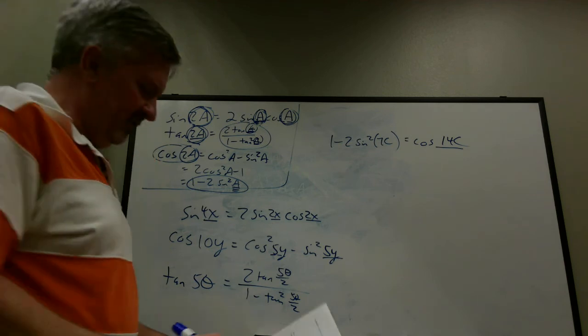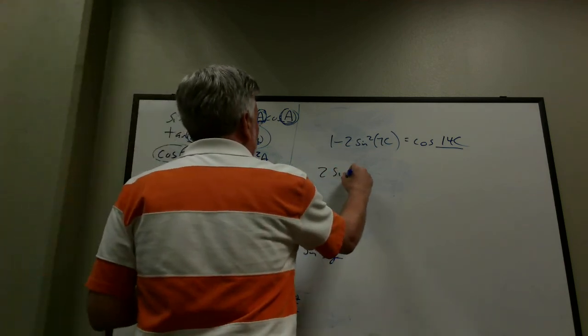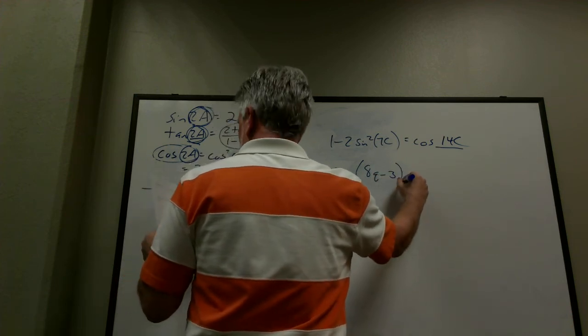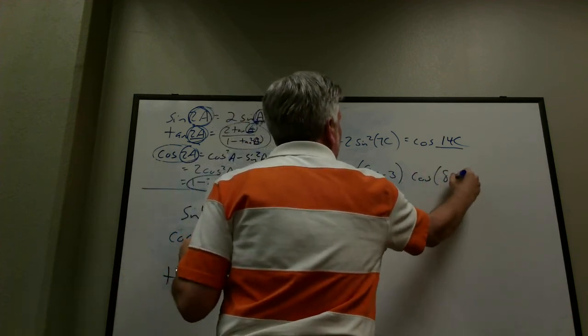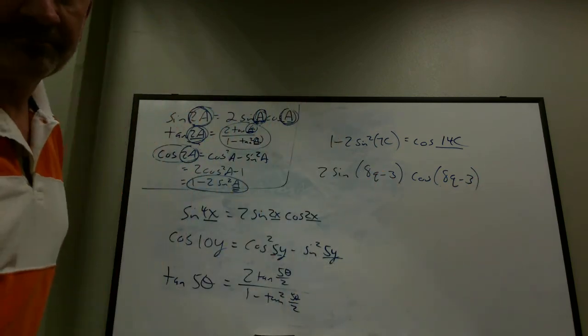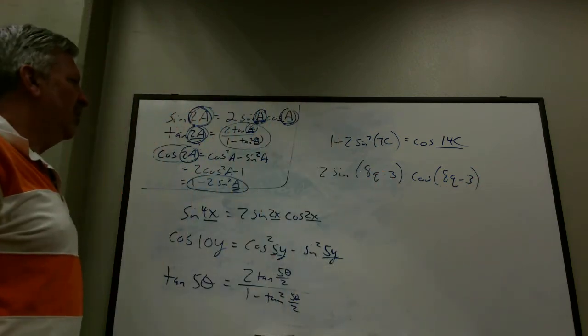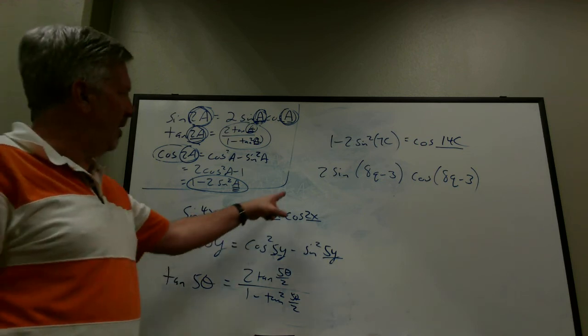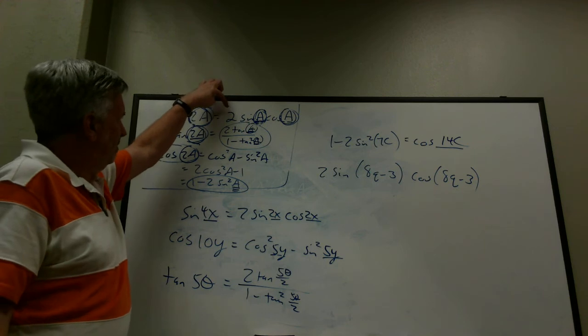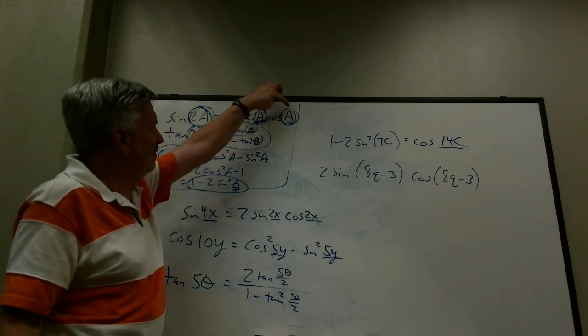The next one says 2 sine of 8q minus 3 cosine of 8q minus 3. Okay? So I want to rewrite that another way. What does this look like? This looks like this. 2 sine of something cosine of something.